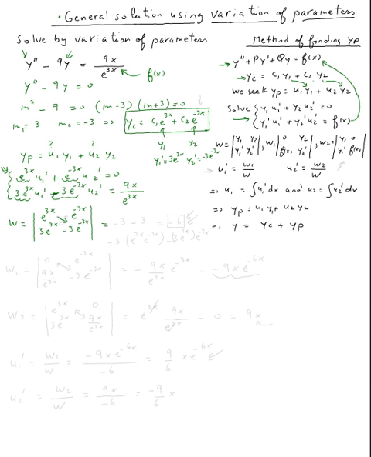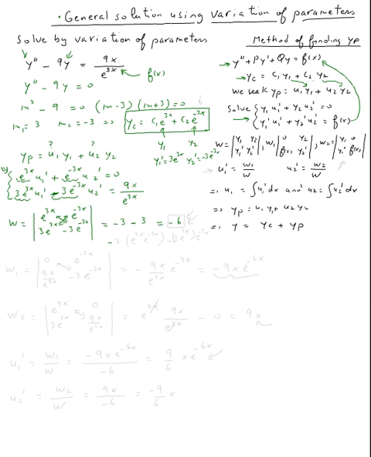Then we multiply this way: minus 3e to the 3x times e to the negative 3x is e to the 0, which is 1. Then minus, we multiply this way, 3e to the 3x times e to the negative 3x is 3, which gives negative 6.